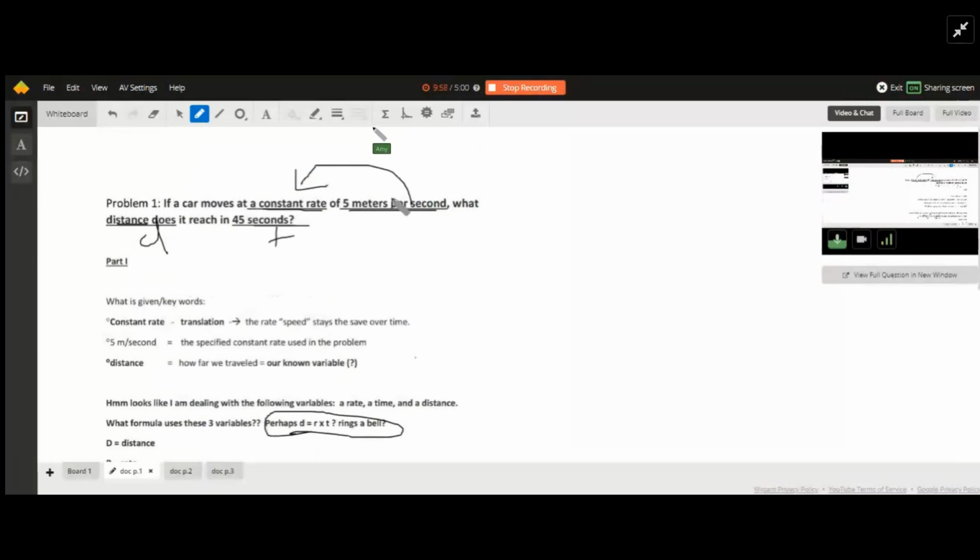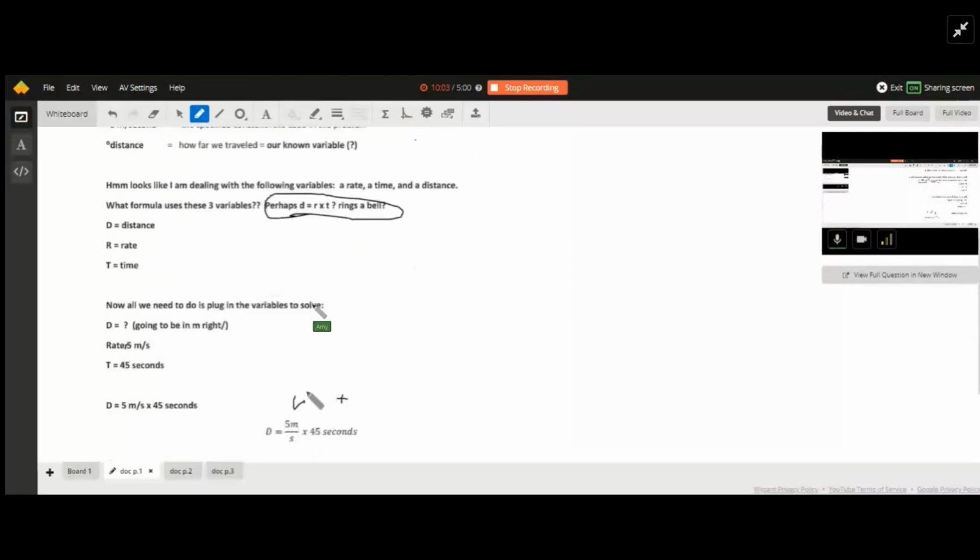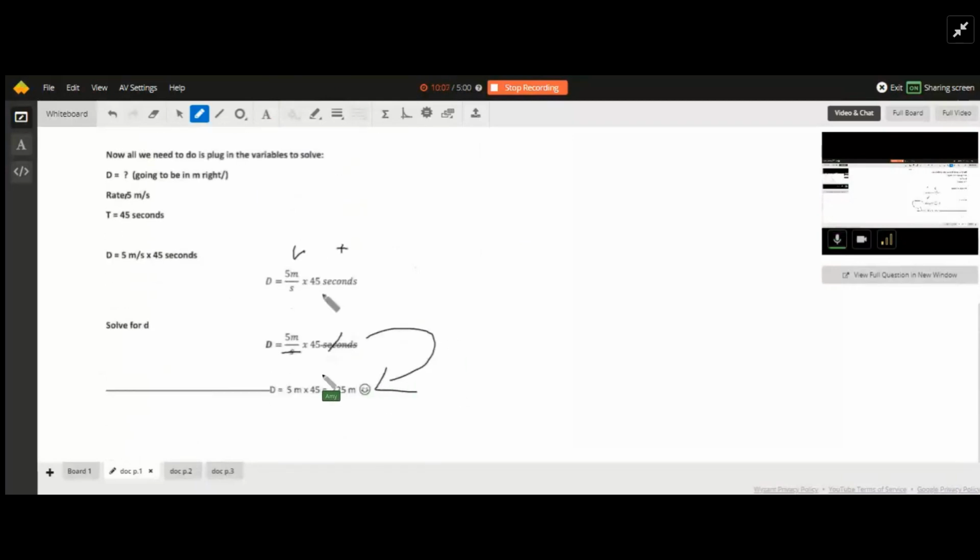Well, in 1 second we go 5 meters, so over 45 seconds, yes, we would expect 5 meters times 45 seconds. We did the unit for 1 second and then multiplied by 45 seconds. At least logically, that makes sense, and I believe it does. Again, we cross out the seconds and we're left with 225 meters.